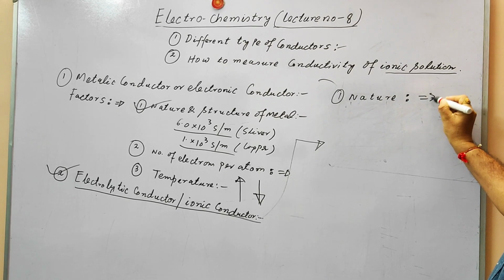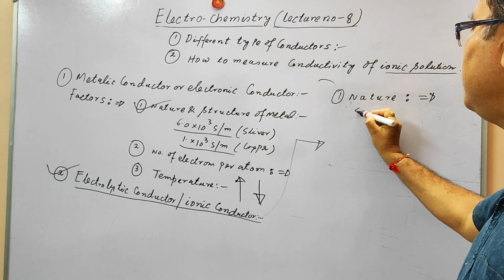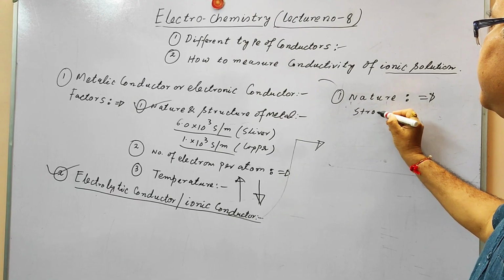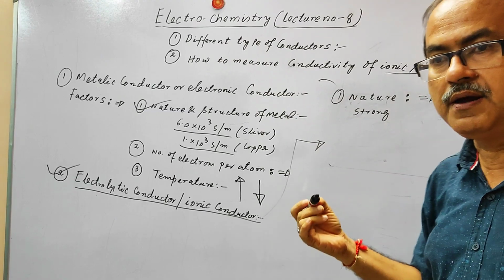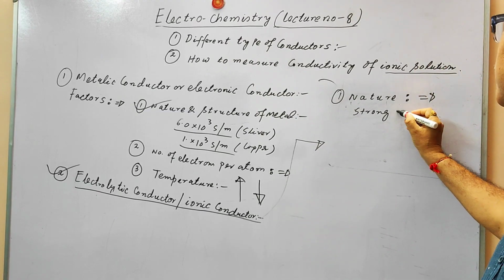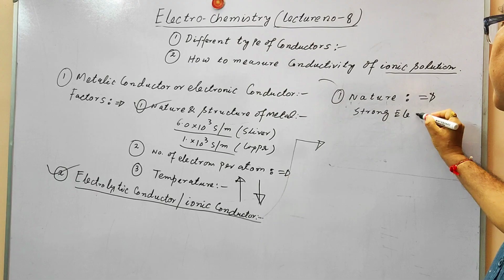If the electrolyte is a strong electrolyte, naturally it is going to dissociate with higher numbers of ions. Strong electrolytes will have the higher conductivity.